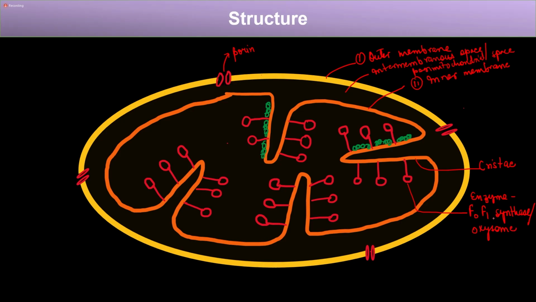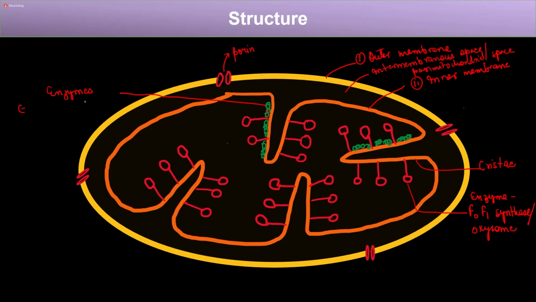Now, apart from this, what else do we have? We can see these green circles, right? These are other enzymes that are present, and these enzymes are for ETS or electron transport chain.